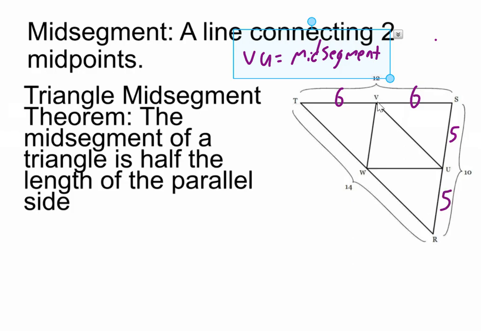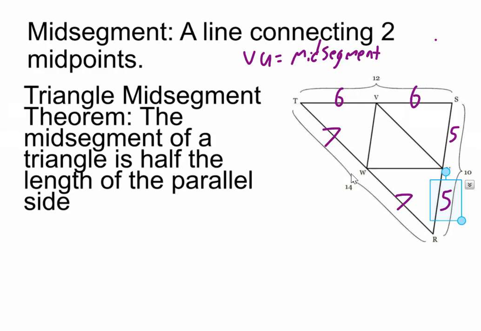This would also be a mid-segment. If this is a mid-segment, which it can be, I would say that PW is 7 and WR is 7. So the triangle midsegment theorem is that the midsegment of a triangle is half the length of the parallel side.